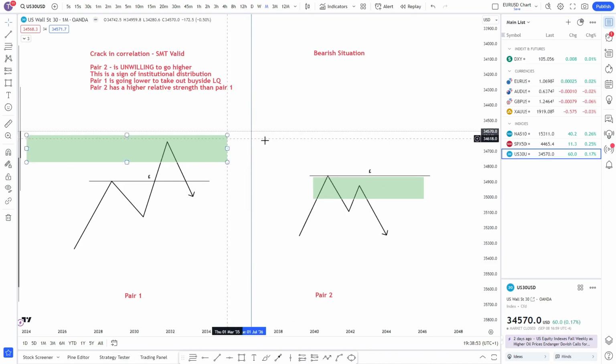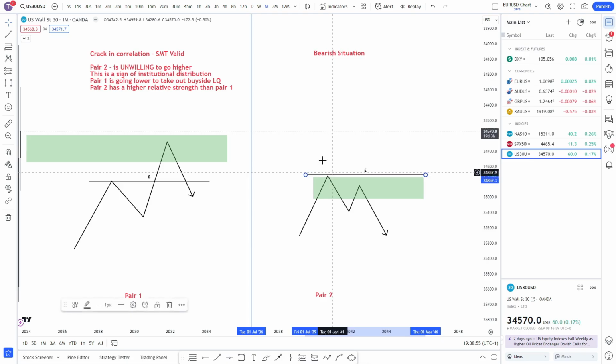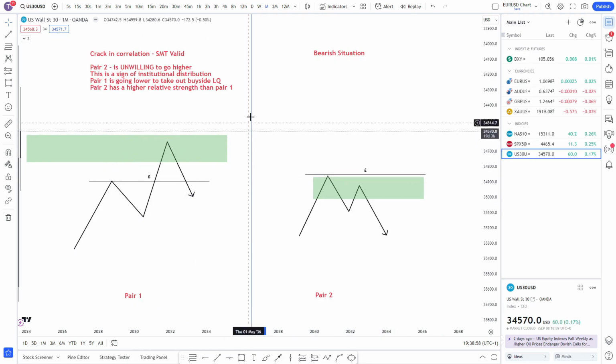Now we're going to talk about which pair is the stronger to take in these situations, but essentially for now just focus on what we're looking at here in these instances. Okay, we've taken out buy side liquidity, we've failed to do it on pair 2, which means there's a crack in correlation, which means we've got smart money tool SMT valid.